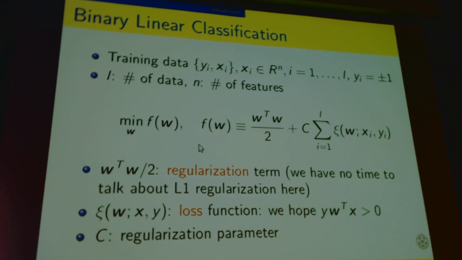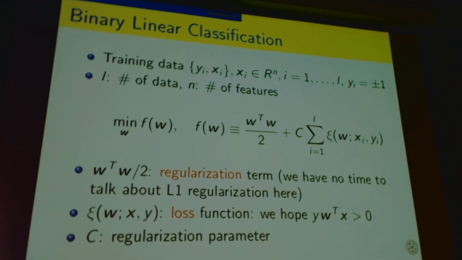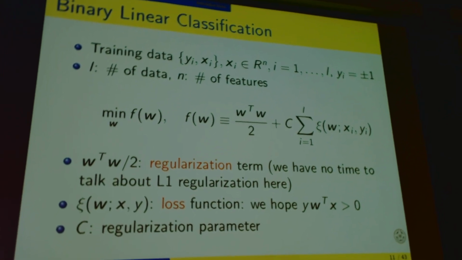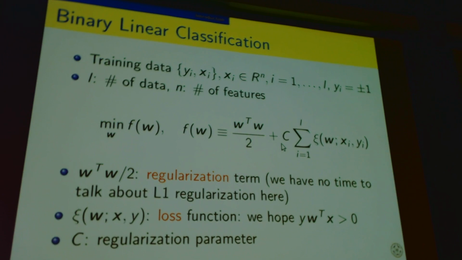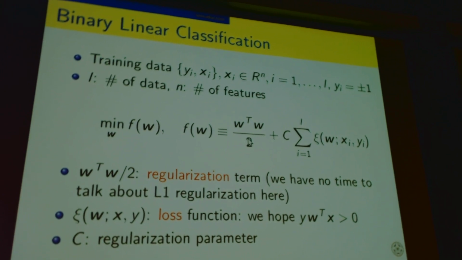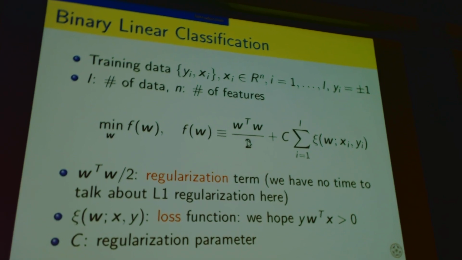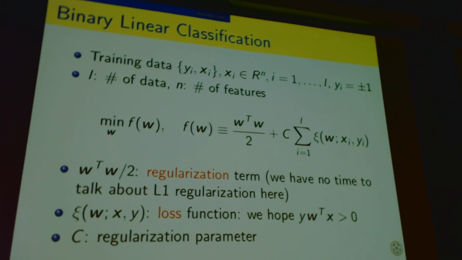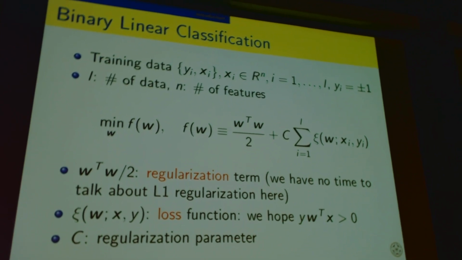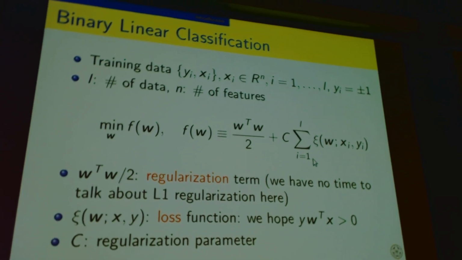The standard optimization problem to get a linear classifier is by solving such an optimization problem, which is the sum of two terms. The first term, W transpose W over 2, is the so-called regularization term. Today we talk about the so-called L2 regularization, because we have no time to talk about L1 regularization here. The second term is related to training losses.